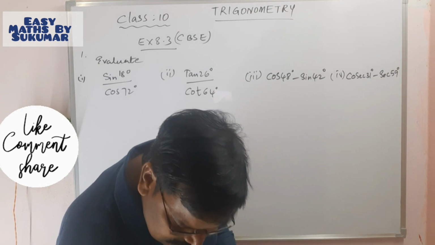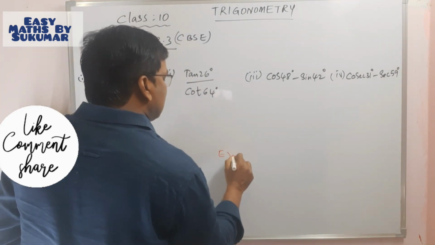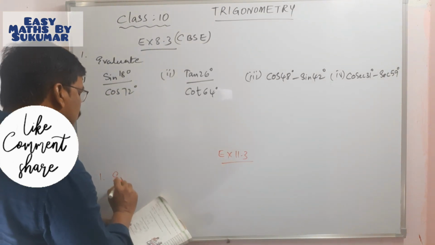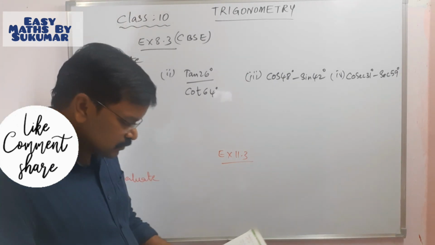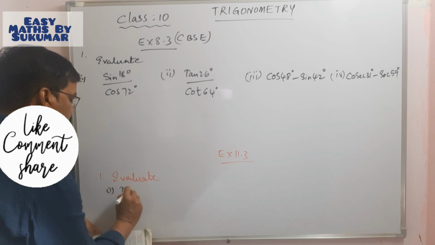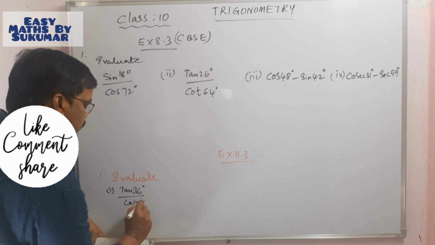I will write these sums also, my dear students. Exercise 11.3. The first sum is evaluate only. Evaluate. Here, the first sum is tan 36 degrees by cot 54 degrees.